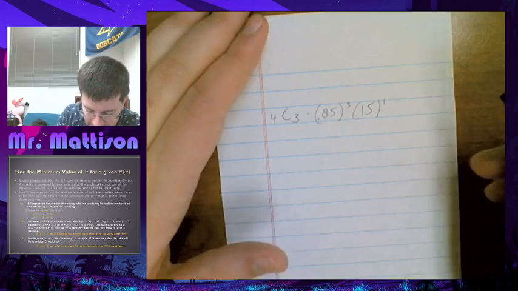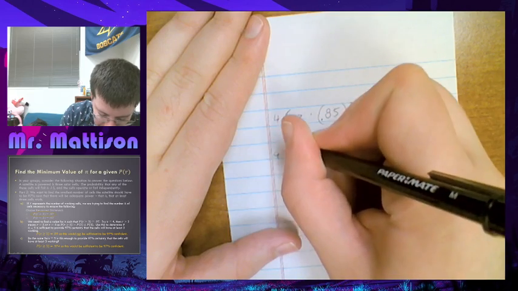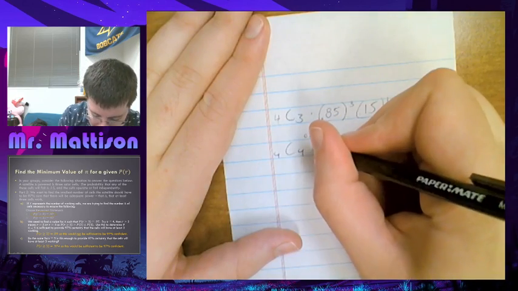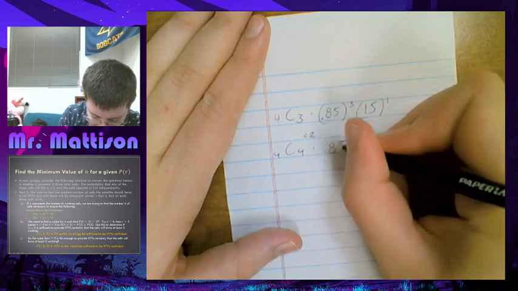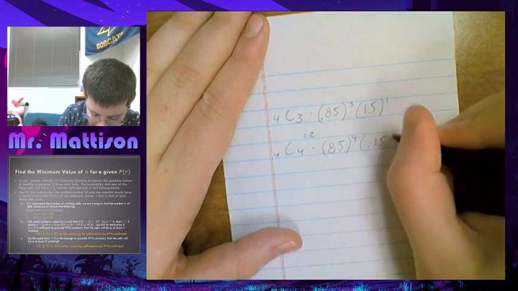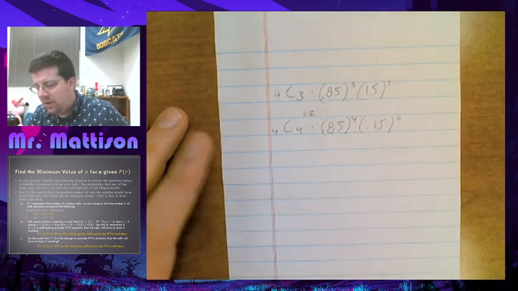Or I could get 4 choose 4, where all 4 work, times 0.85 raised to the 4 times 0.15 raised to the 0.